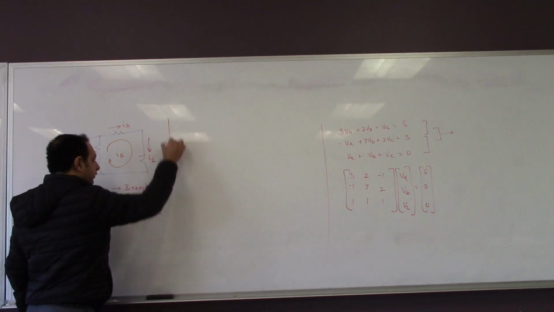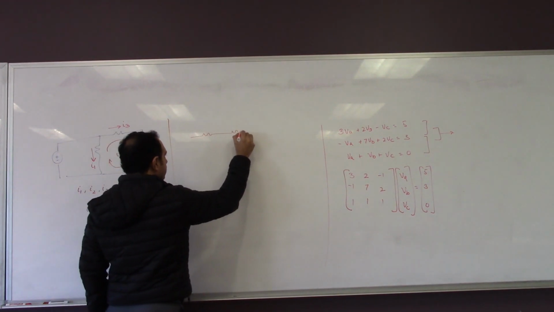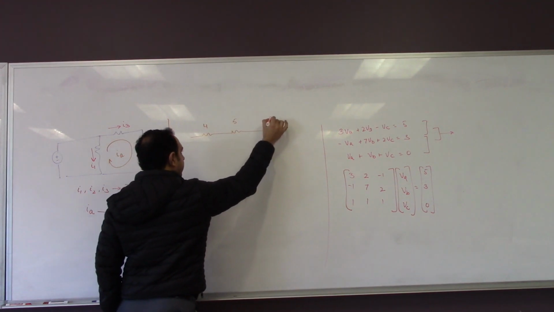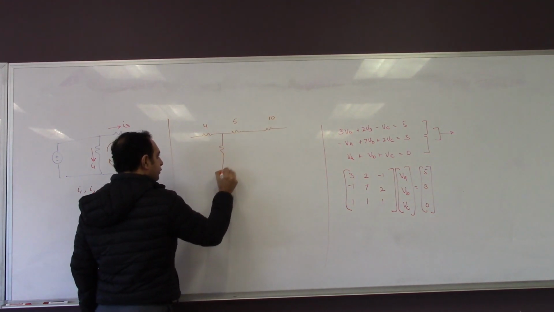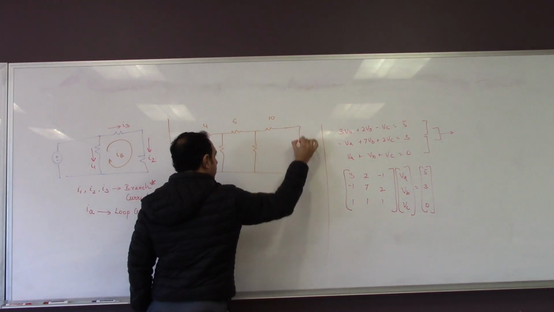Okay, so here's our circuit. 3 resistances, 4, 5, 10, and 2 like this. You have 2 voltage sources.